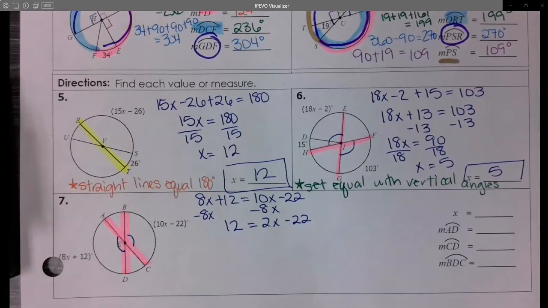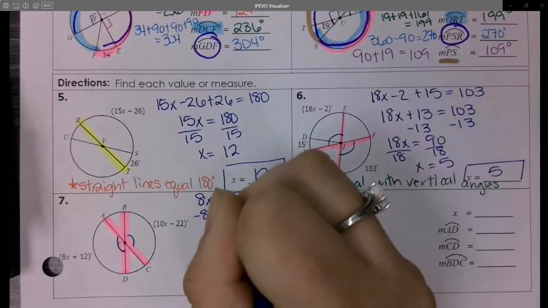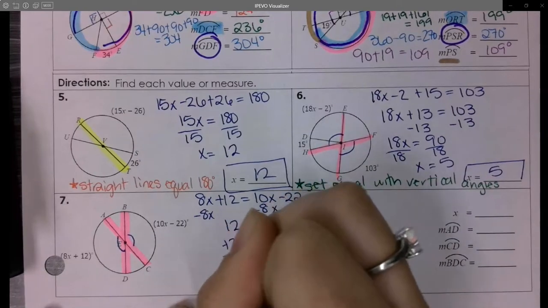Then I want to go ahead and move that 22 over to the other side. So I'm going to add 22 to both sides. So I get 34 equals 2x.